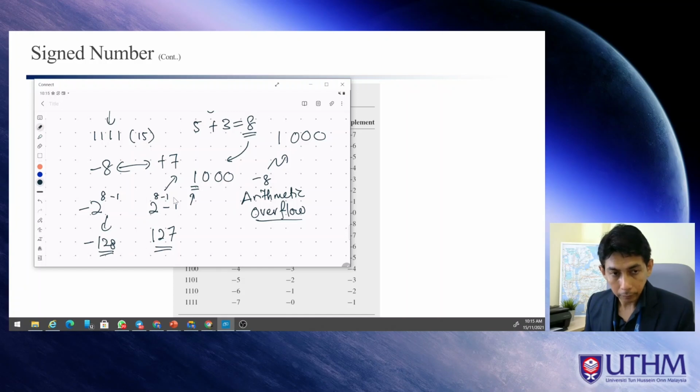Always. And if you have a bigger system, for example 16-bit, the maximum is 2 power of 15 minus 1, and this is also the same, right?